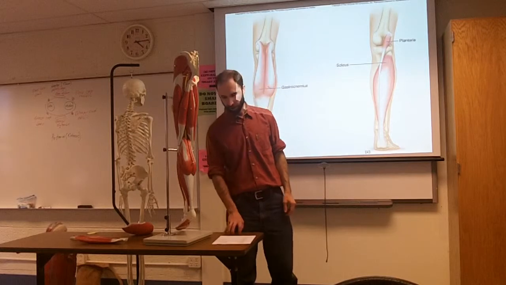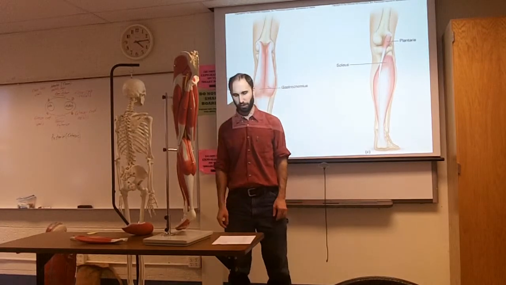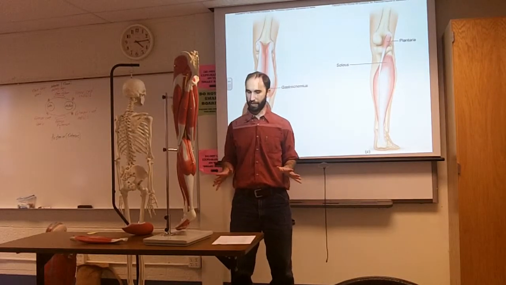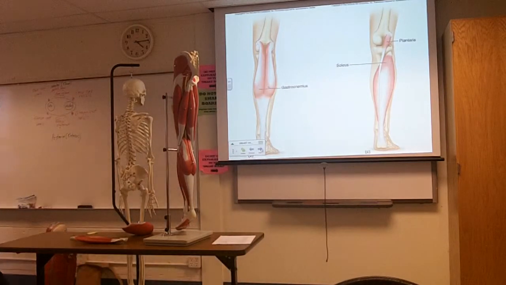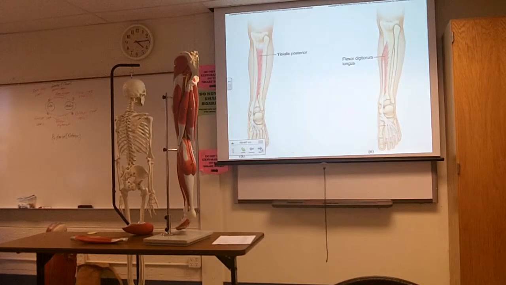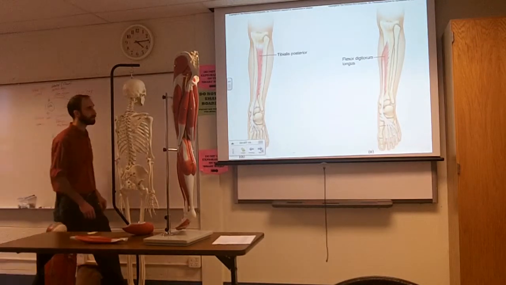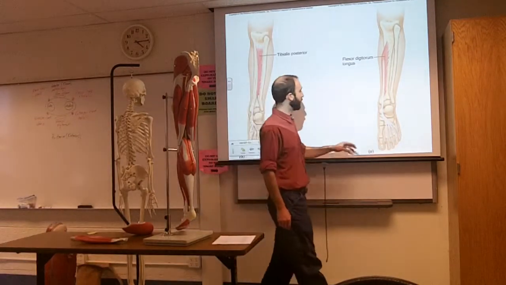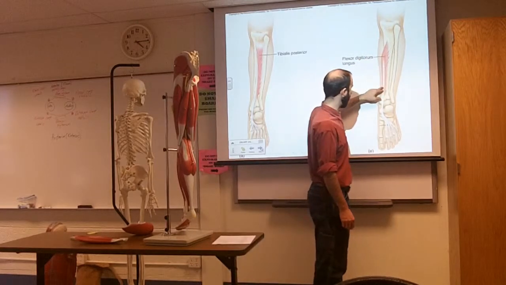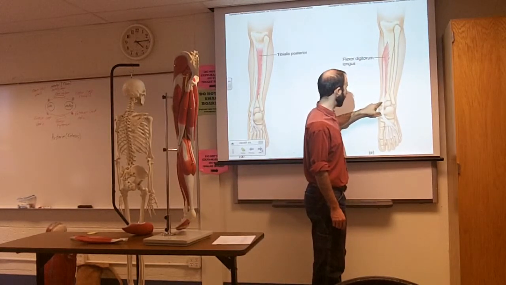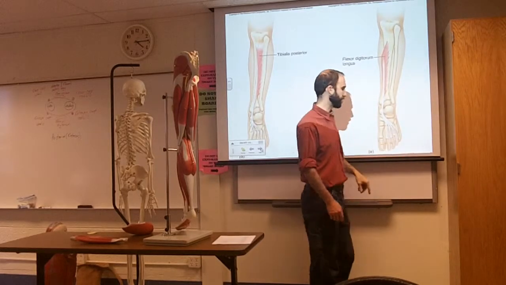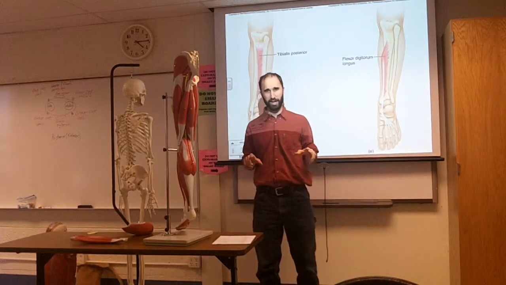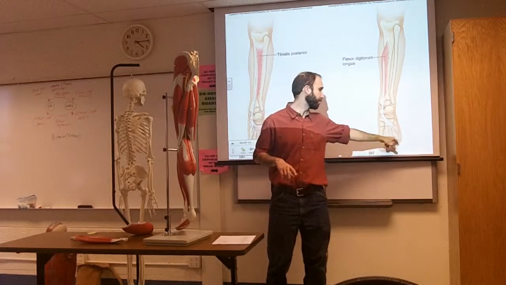All right, flexor digitorum longus. We had extensor digitorum longus, and now we need to have flexor digitorum longus. Here it is right there. One of the things you're going to notice is that it goes behind that medial malleolus, and sends tendons to all your different toes, allows you to flex your toes, again, toes 2 through 5.